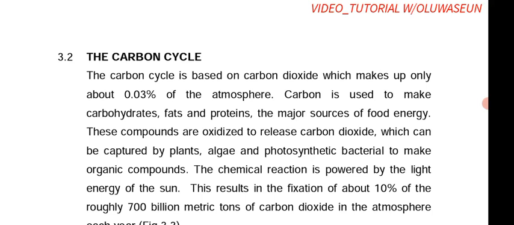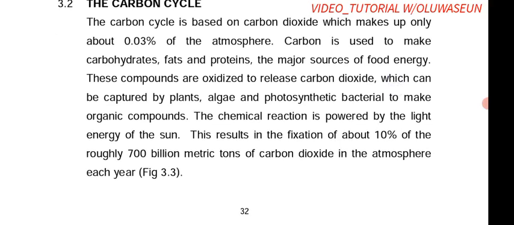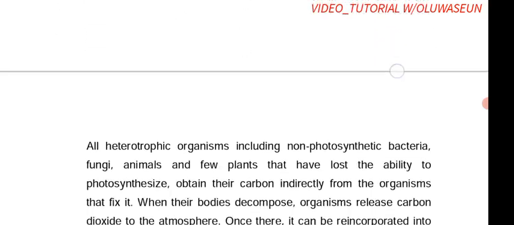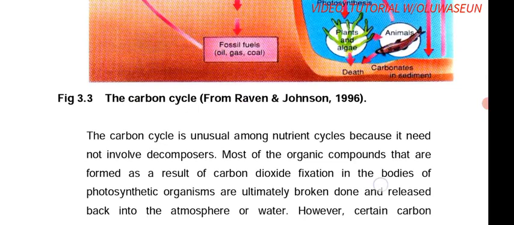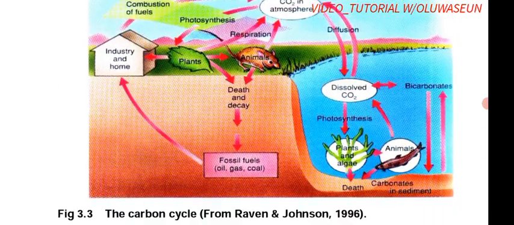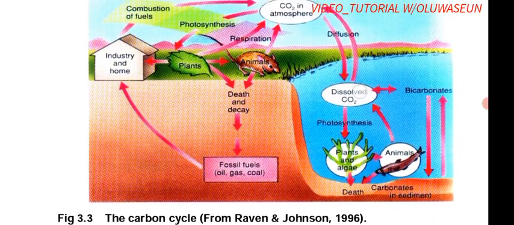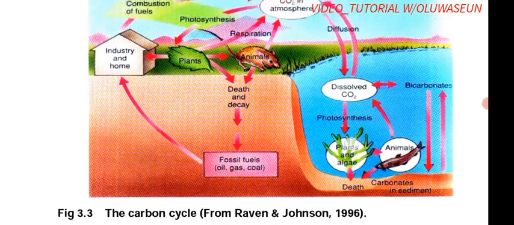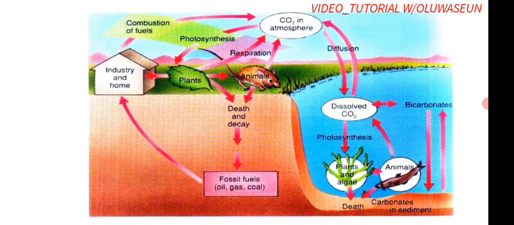So the carbon cycle is simply the cyclic movement of carbon dioxide from the atmosphere to the plant and then back to the atmosphere. That's what I can say about that. Then the next one is the carbon cycle in water. You can see the dissolved CO2 will be used by the phytoplankton, that is the green plant inside the sea.